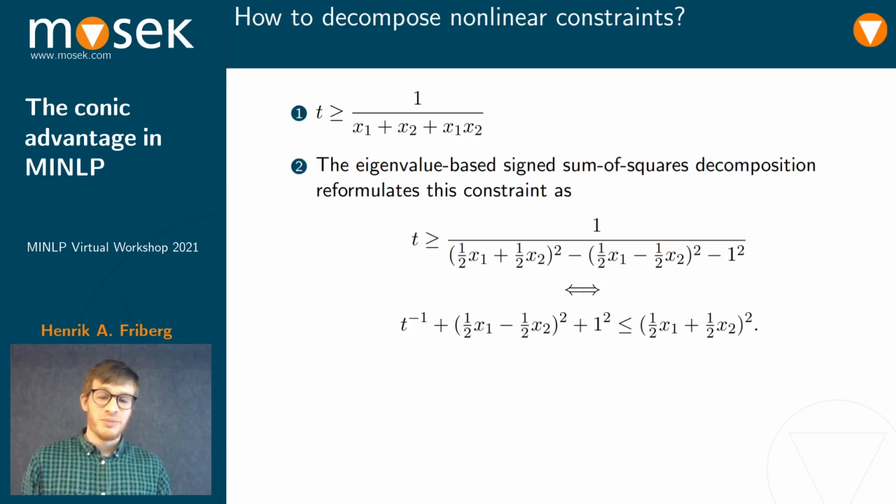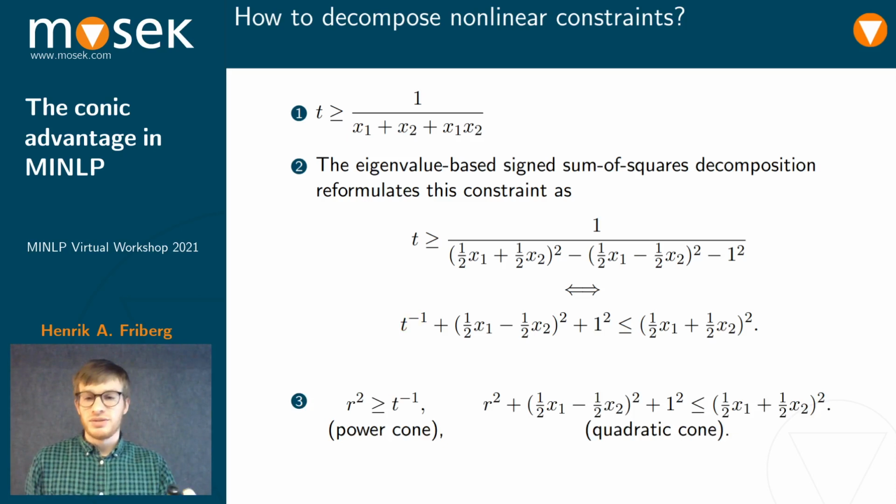The only thing stopping us is this expression over here. If only we could substitute it with something squared. Well, using a power cone, we can. And doing so, we can reformulate the original constraint and represent the inequality using 2 cones, the power cone and the quadratic cone.